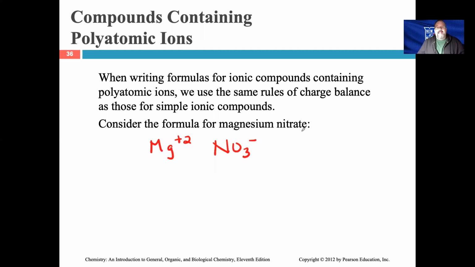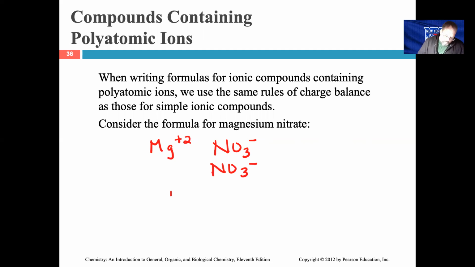Okay. So again, right now, if you have one magnesium ion and one nitrate ion, does the overall charge add to zero? And the answer is no. In order to get the overall charge to add to zero, we need another nitrate ion, because now the charge would be +2 here, and you add these two up, the charge would be -2, and that adds up to zero.